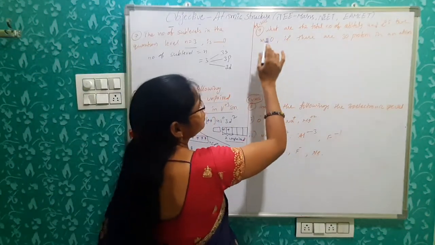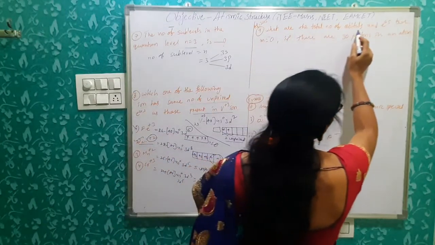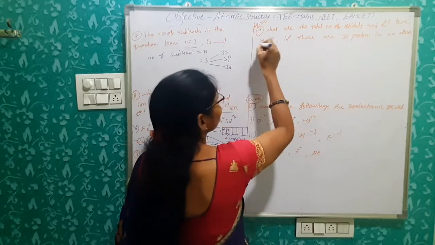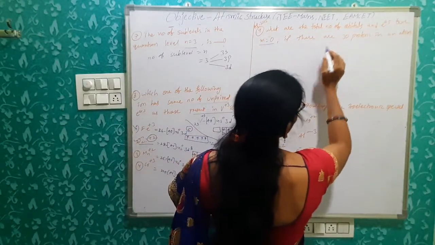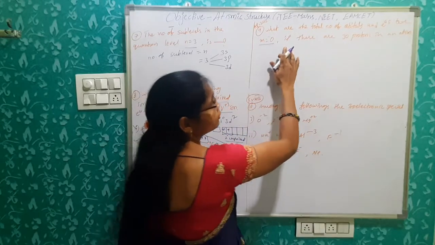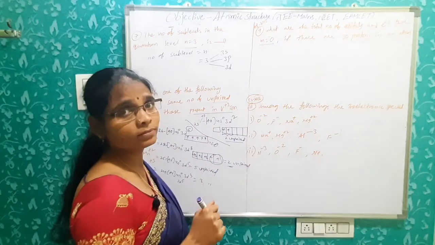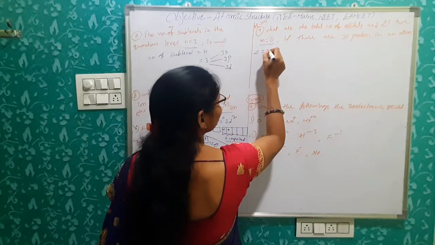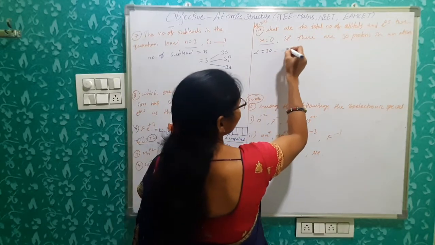This is a previous bit, AP EAMCET 2015. What are the total number of orbitals and electrons for m equals 0, if there are 30 protons in an atom? Atomic number 30, so write down the electronic configuration, that is simply zinc.